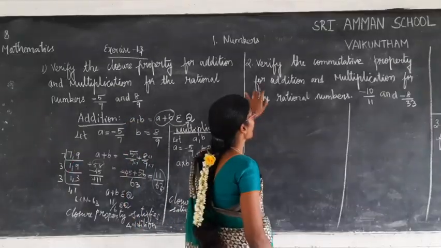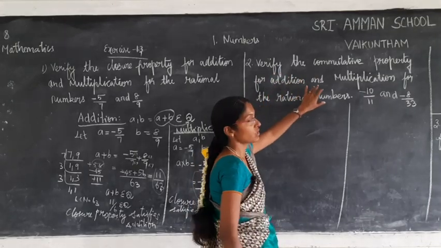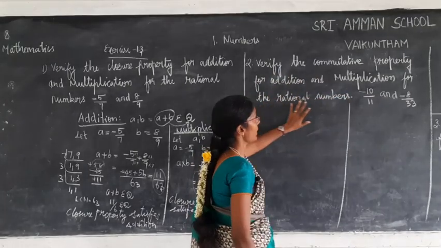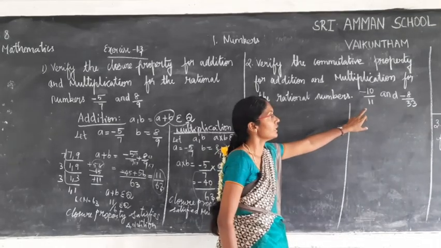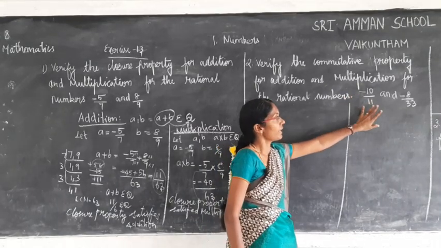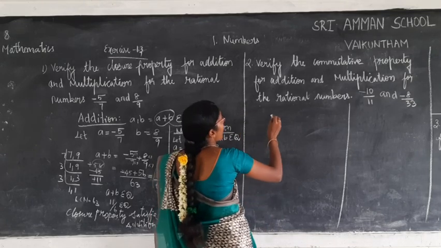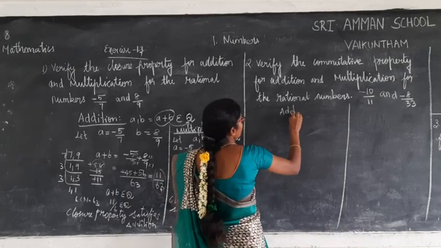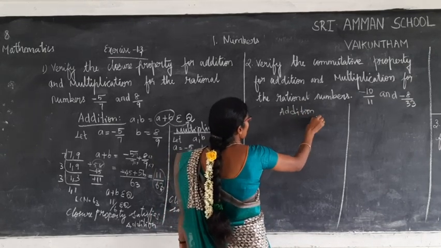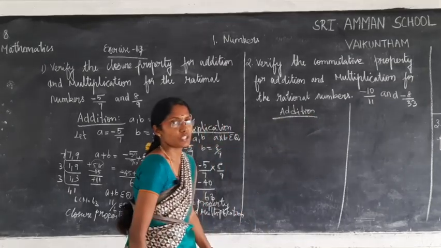Okay, clear? Verify the commutative property for addition and multiplication for the rational numbers minus 10 by 11 and minus 8 by 33. Okay, so first addition. So what is the commutative property for addition?